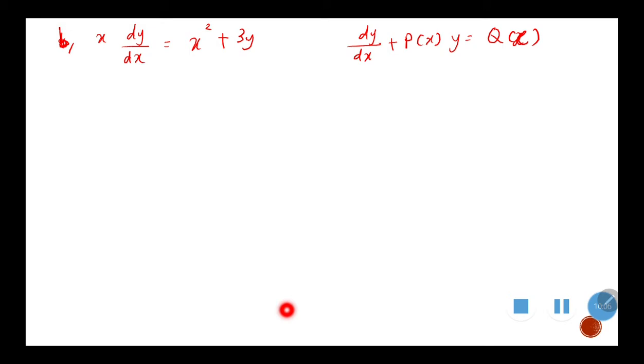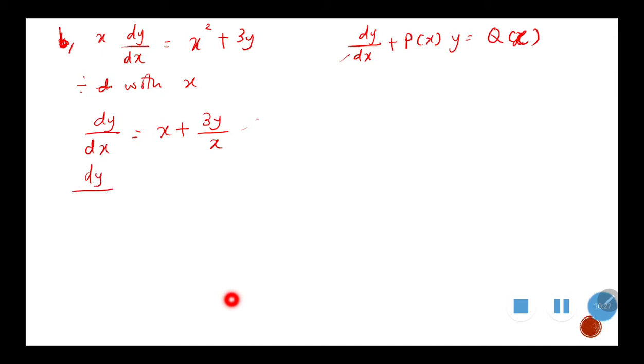No, it's not. So what should you do? You should divide it with x. That leaves you with x plus 3y over x. Is it still the same? No. Then make it exactly the same, where this one is negative 3y over x equal to x.